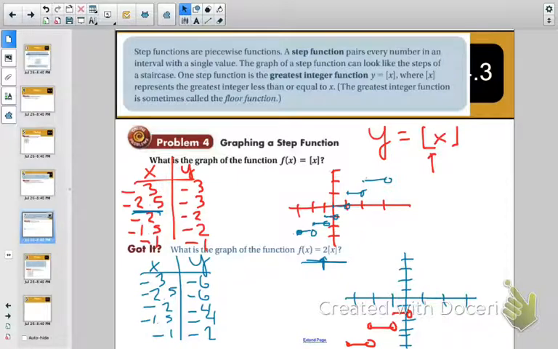Notice 0 is still the same because it's 0. Open circle, up to 2, open, and then up to 4, open. So the stretch basically just doubles the height of the step, I guess. So yeah, and that's a step function.